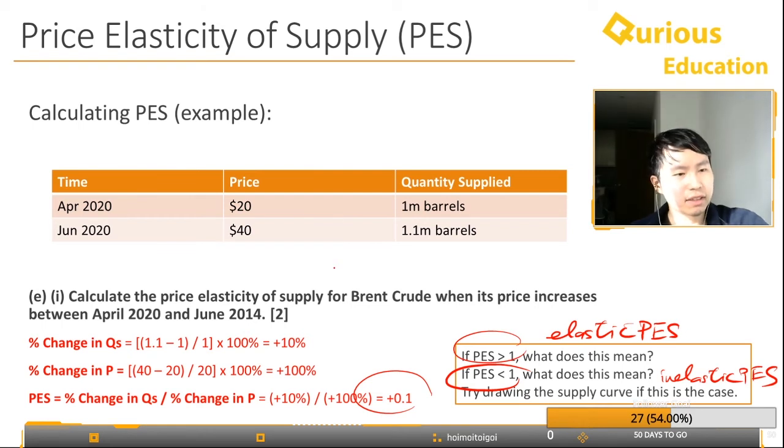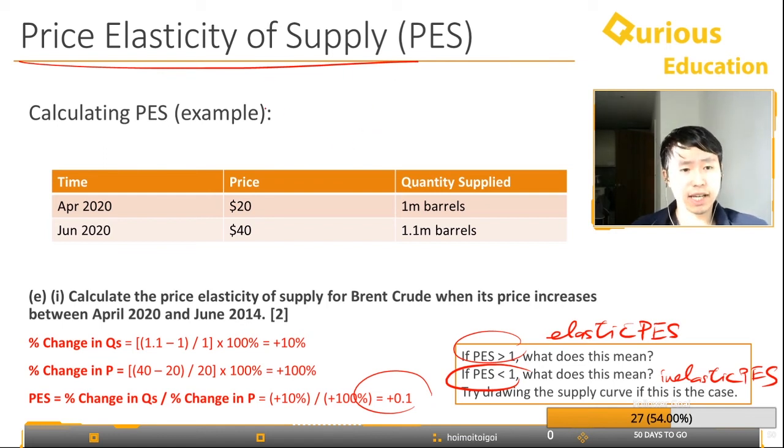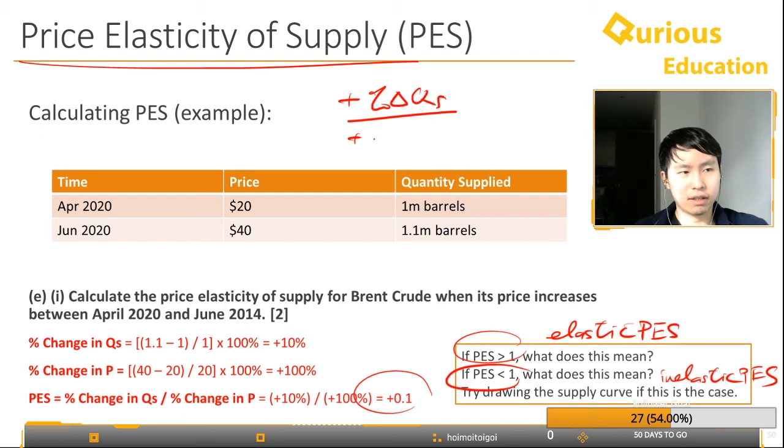Oh, one more thing. When you calculate the price elasticity of supply, it's always going to be positive. And the reason for that is because the percentage changes are expected to have the same sign. So what I mean is, if price increases, then of course people want to supply more.